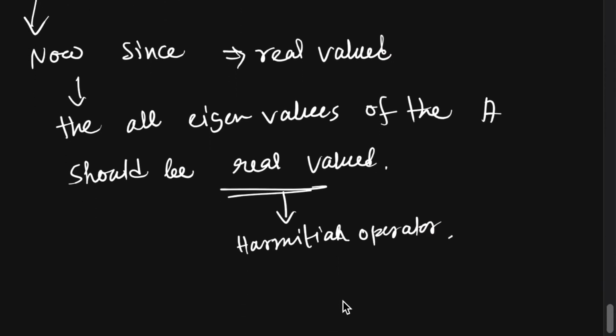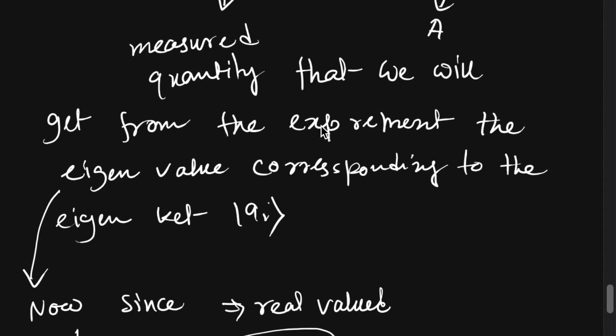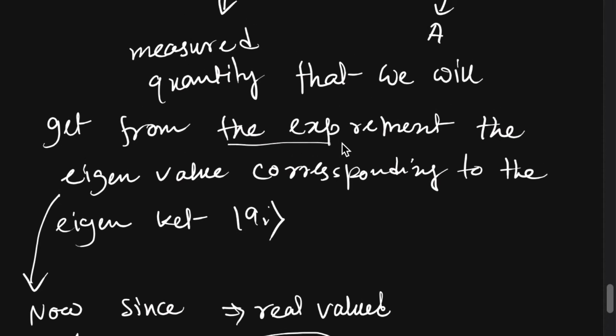So the observable A should be a Hermitian operator from two perspectives. One is that all its eigenvalues should be real, since in a measurement in the experiment, the eigenvalue corresponding to the eigenket is what we measure.